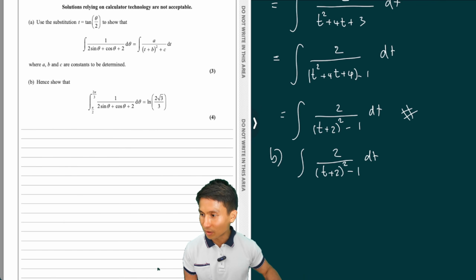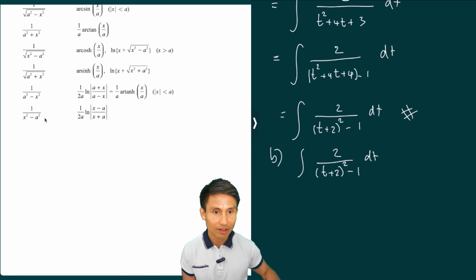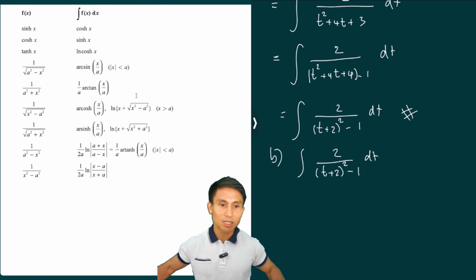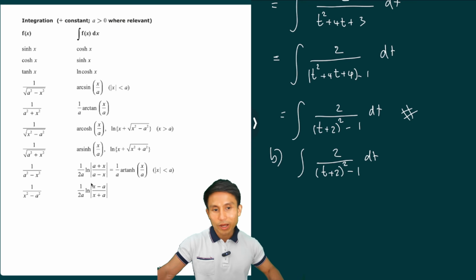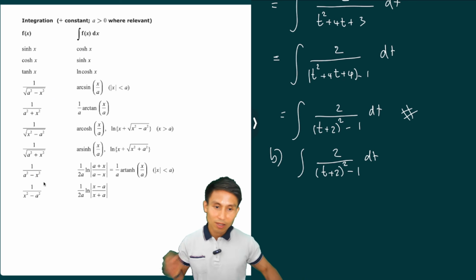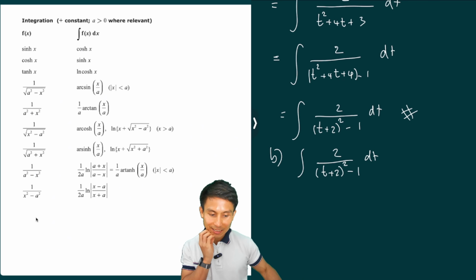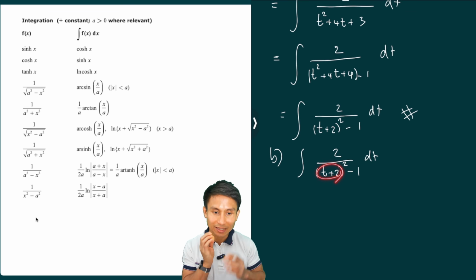And then if we open the formula sheet, let me just open that, which one do we have that most resembles the natural log? It's kind of this one. Because this one is x squared minus a squared, but this one is minus x squared. So if we look at t plus 2 as an x and a as 1 here.